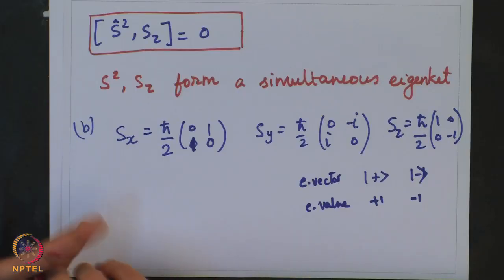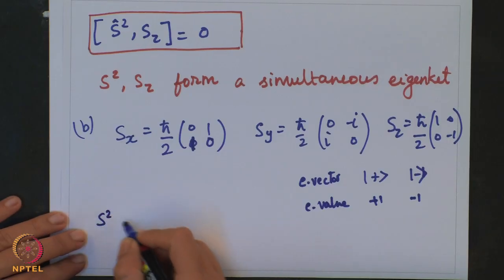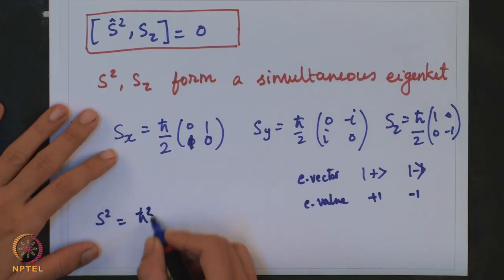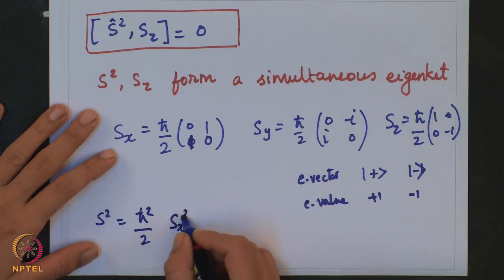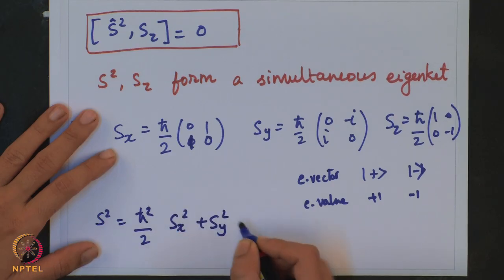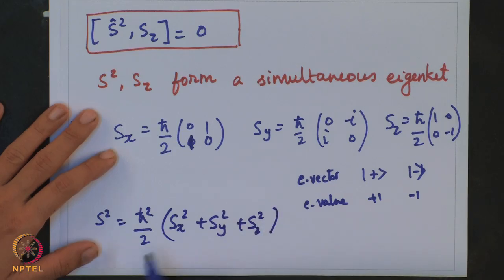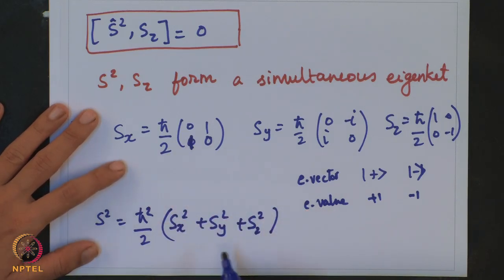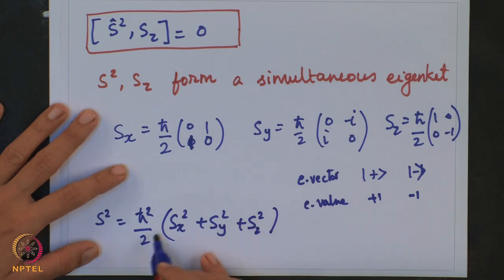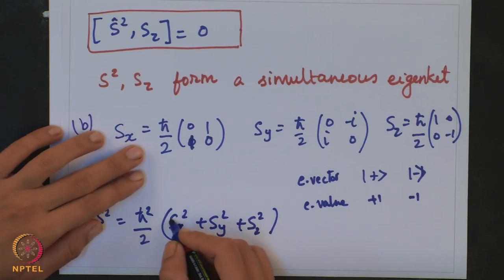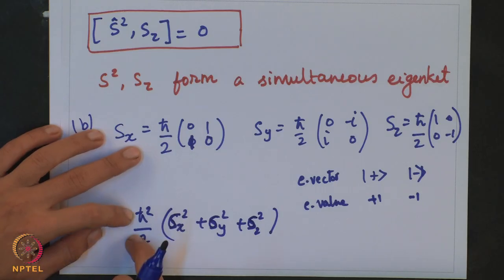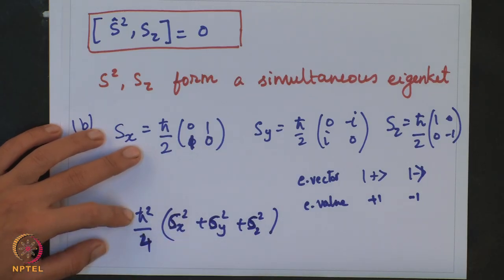So, now S square, how will you calculate? It will be ħ square upon 2, Sx square plus Sy square plus Sz square, correct. If I make this substitution in terms of sigma matrices, I will have to write sigma x, sigma y and sigma z, because I wrote already the ħ square upon 4.